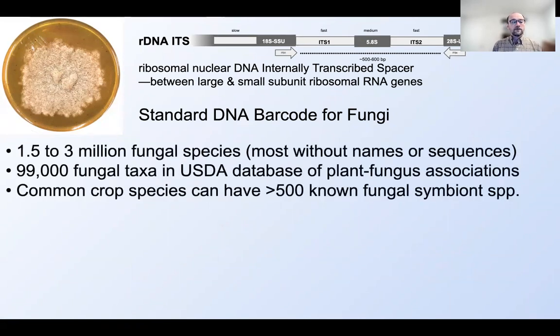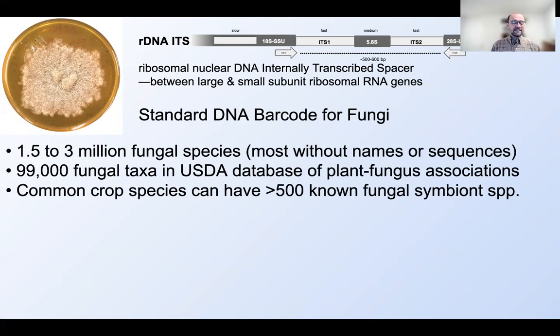And we use these barcodes because the diversity of fungi is so vast. There are several million fungal species out there. Most of them don't have names yet or sequences deposited for them, unfortunately. In fact, in the USDA database of plant fungus associations, there are already 99,000 fungal taxa listed.